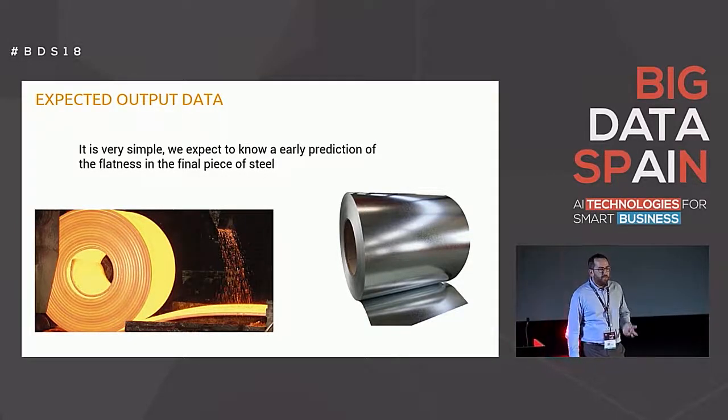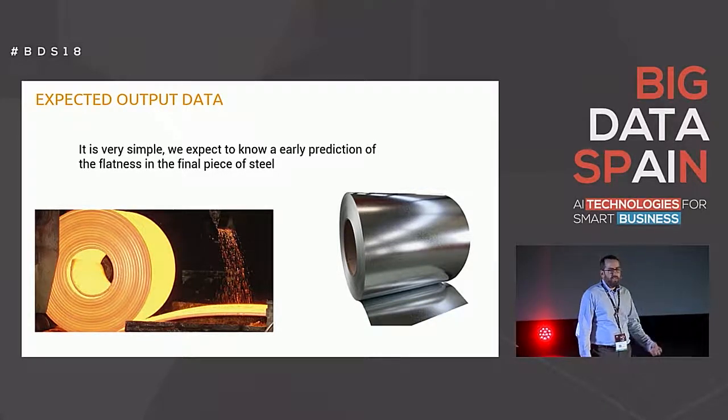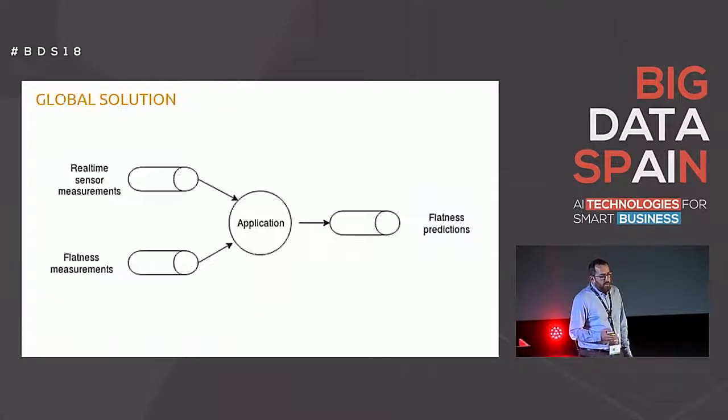What is the expected output data? It's very simple. We expect an early prediction of the flatness in the final piece of steel, because it's not possible to know during the processing. And the global or final solution will be an application, in this case a Flink job, which receives 2 topics, one for the sensor measurements and another for the flatness measurements, and produces in another Kafka topic a flatness prediction.